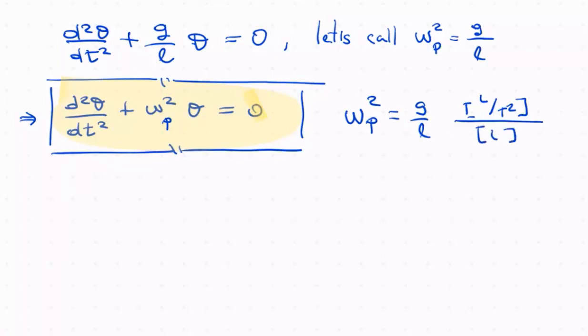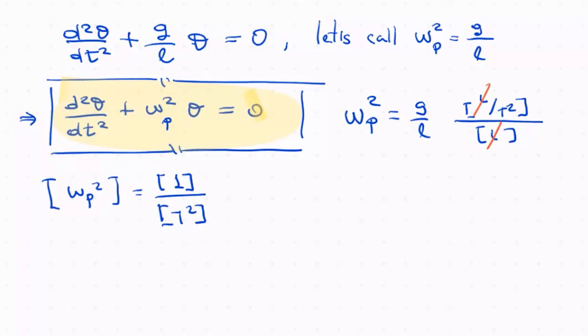Okay, and this distance and this distance cancel each other, and we will have the dimension analysis for this equation. Omega p squared has dimensions of 1 dividing time squared.